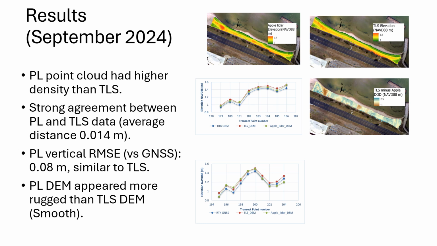The error was up to 10 centimeters, comparing to TLS and GNSS as ground truth. We can also see the difference of DEM. The yellow area indicates nearly no difference between both of them.